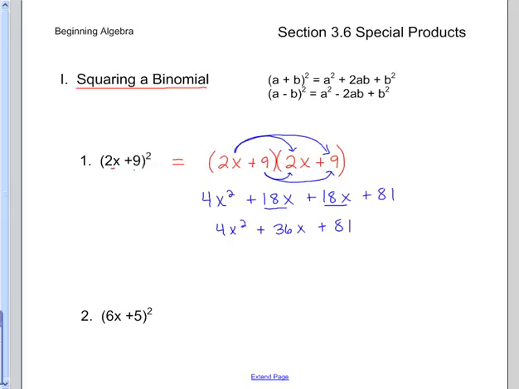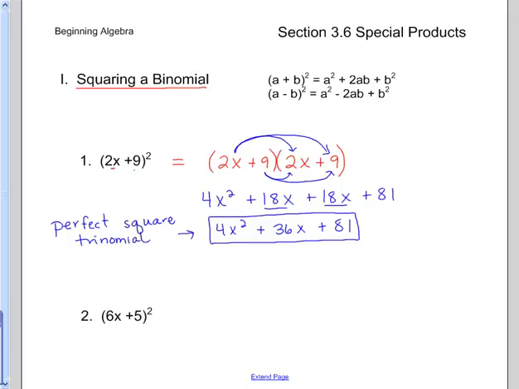Whenever you square a binomial, the answer that you get will always be a trinomial. And it's actually what we call a perfect square trinomial. This is a term that you really need to remember. You'll see this again in a future chapter.